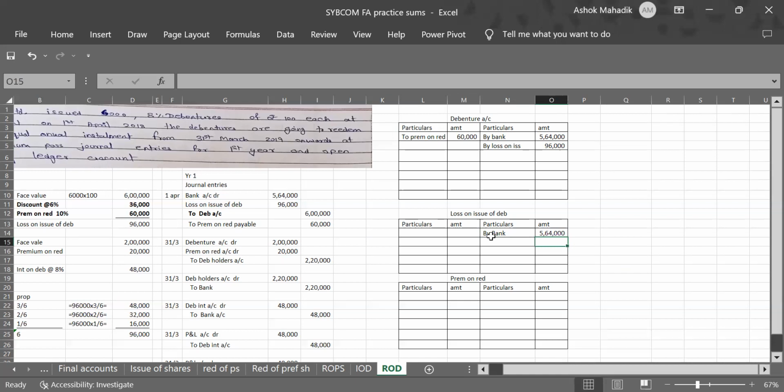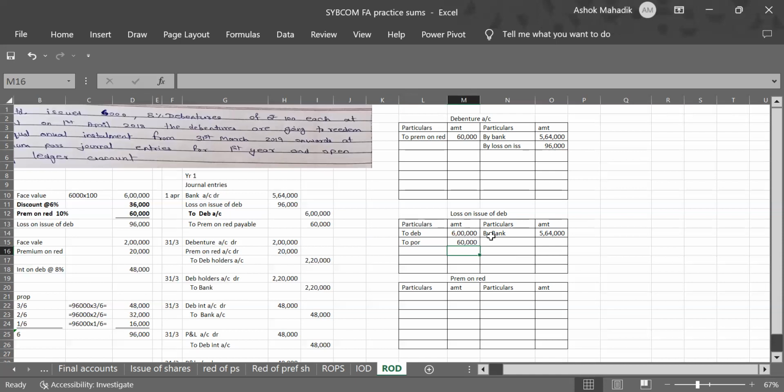And on the credit side, to debentures 6 lakhs and to premium on redemption 60,000. If you see, the net amount will be the amount against loss on issue of debentures. This will give some relief to you, and the posting will be correct and not wrong. So this way you can do the posting.